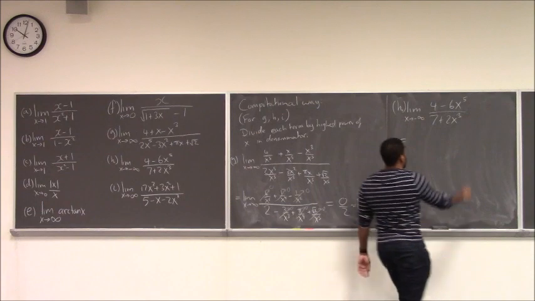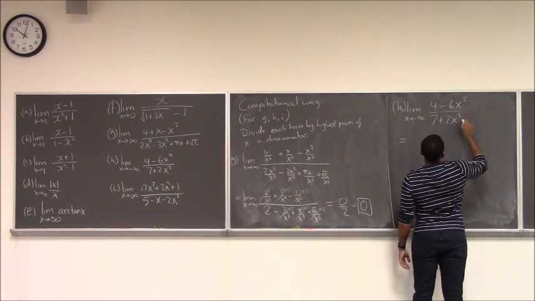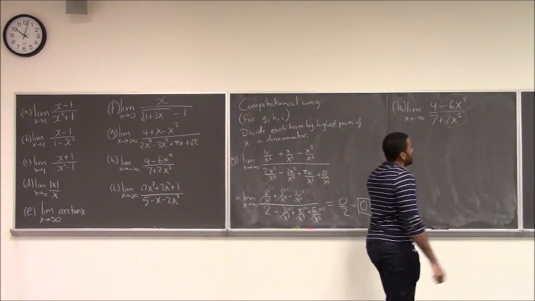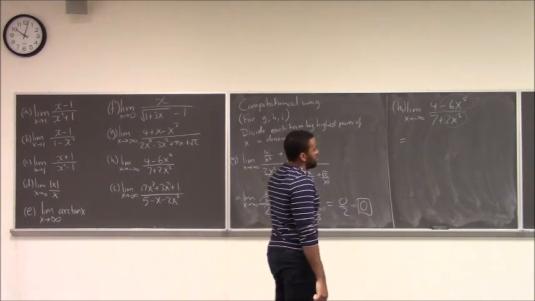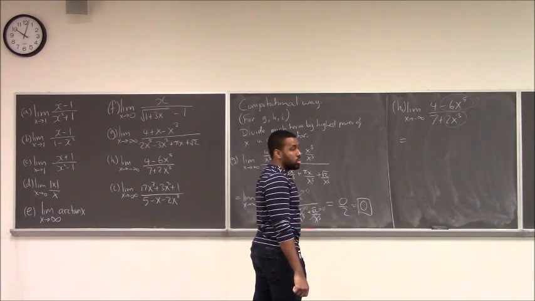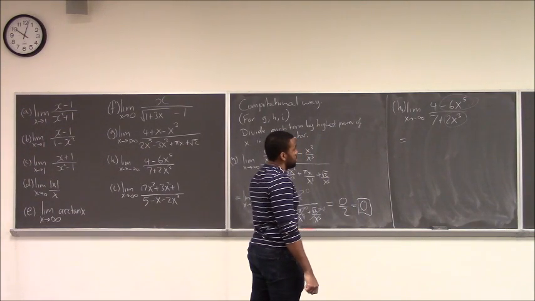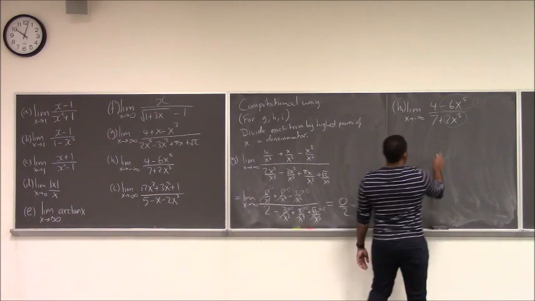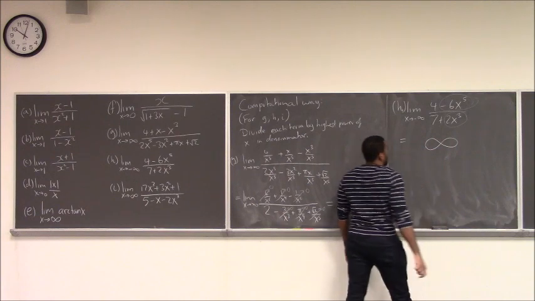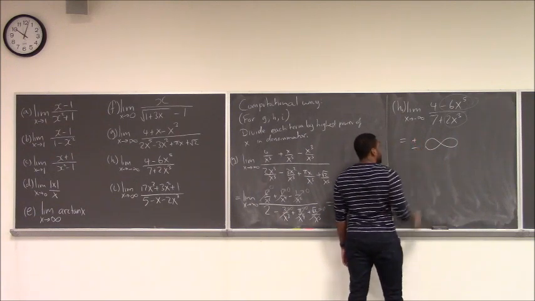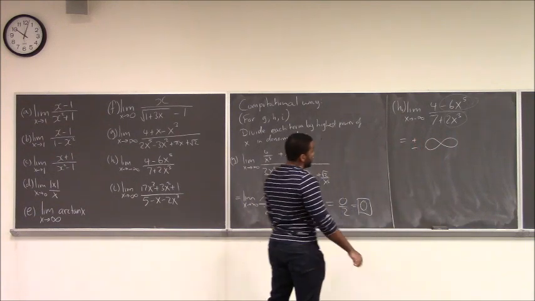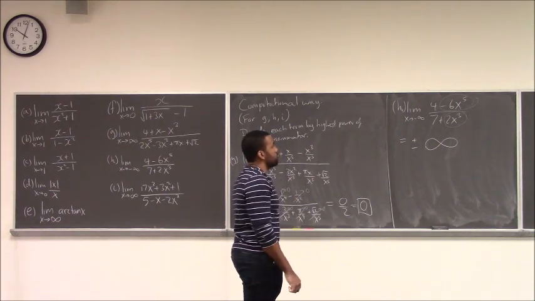So again, the idea is look at the largest powers. Now clearly, that looks like something that's going to behave like x squared, right? So we know the answer is going to be infinity. The question is, plus or minus is our options. How do you figure out which?